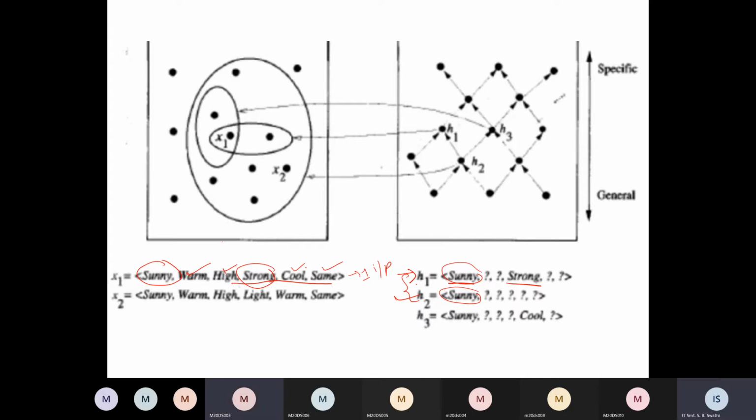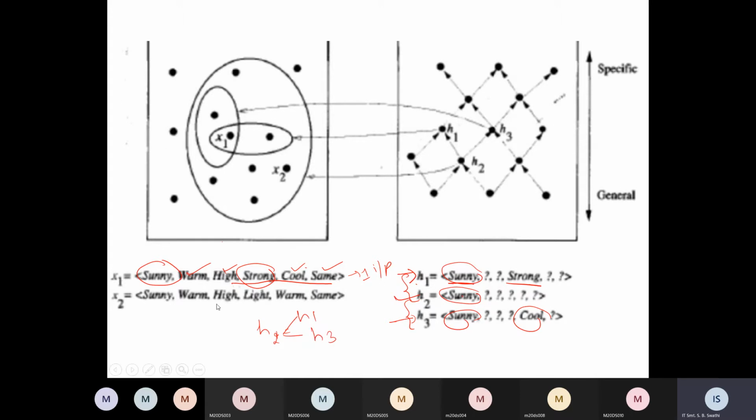Yes, ma'am. Okay. Similarly, if you consider H2 and H3, here also Sunny is there, in H2 also Sunny is there, and here cool is there. Whatever input you give to H3 will also be accepted by H2. So H2 accepts both the H1 hypothesis as well as the H3 hypothesis.